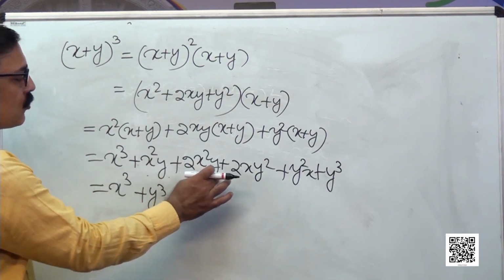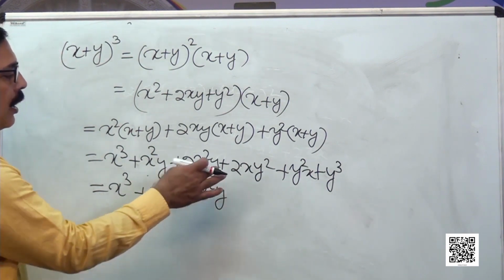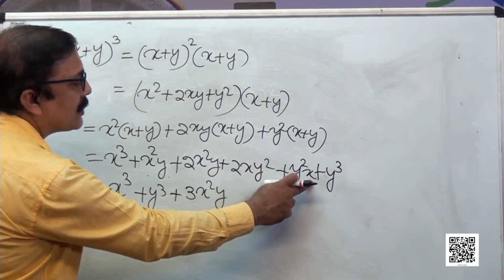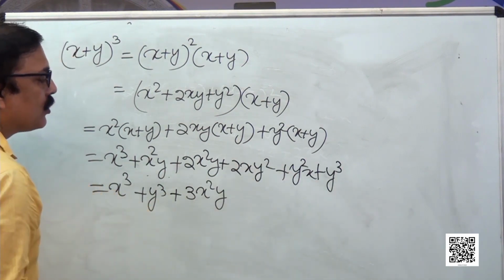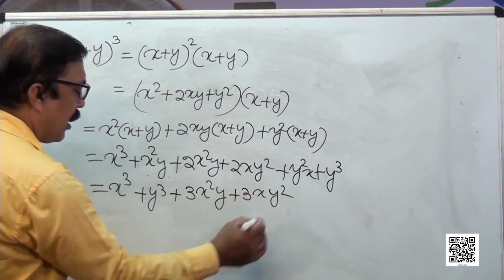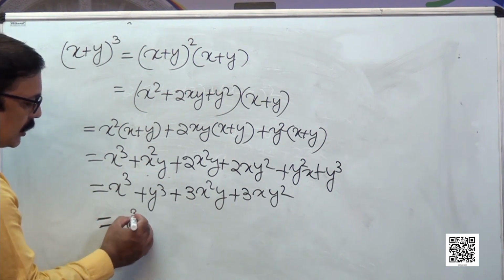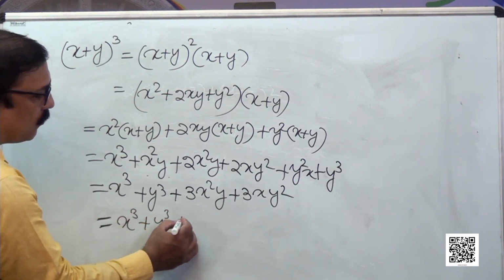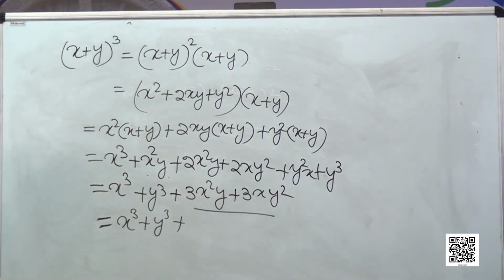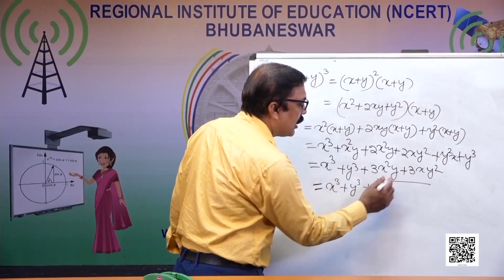X square y and 2x square y give 3x square y, and 2xy square, and here y square x is the same as xy square, so we can write plus 3xy square. Let me be more specific: x cube plus y cube. This is actually the result, but let me take 3xy common.